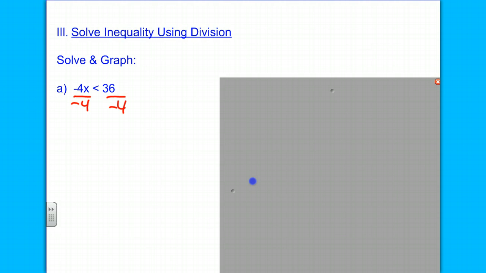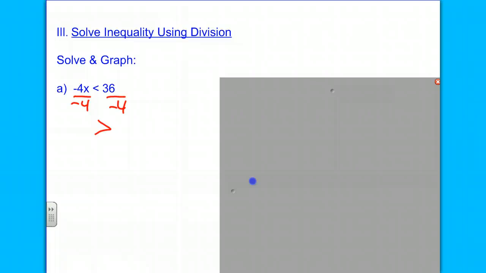And what I recommend right now is the second you divide both sides by a negative, change your sign. Do it right now before you forget. People get all involved with the computation, figuring out your division, and then you forget that you divided by a negative. If you write it down first thing and get in that habit, hopefully you won't forget.